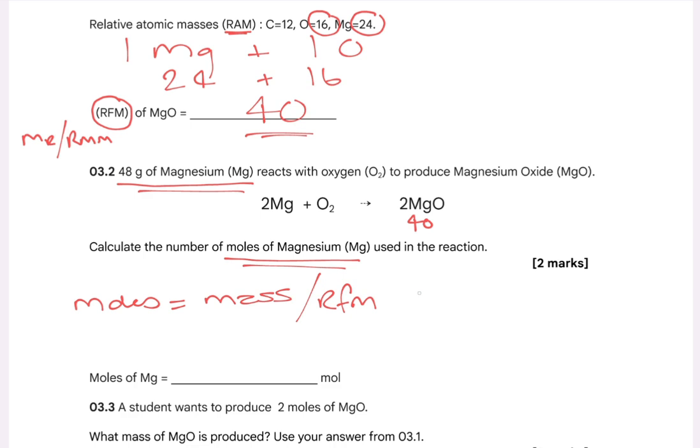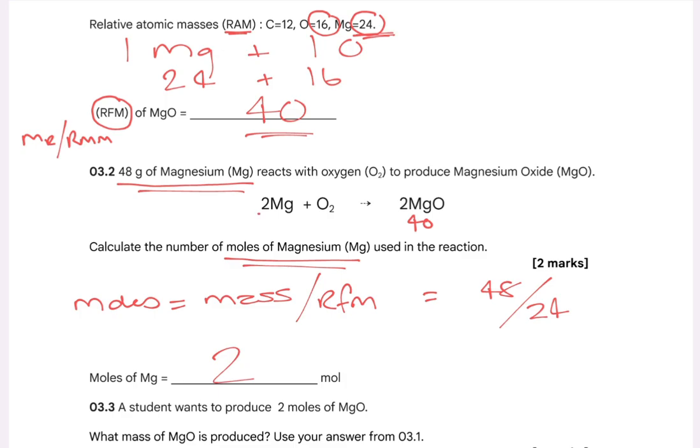For this one, we're asked to look at the magnesium, so we know we've got 48 grams of it, which we're given in the question, and we're given the RAM of magnesium in the previous question again. If you just look at the top of the page there, which was 24, 48 divided by 24 is 2, so we know that we are using 2 moles of magnesium.